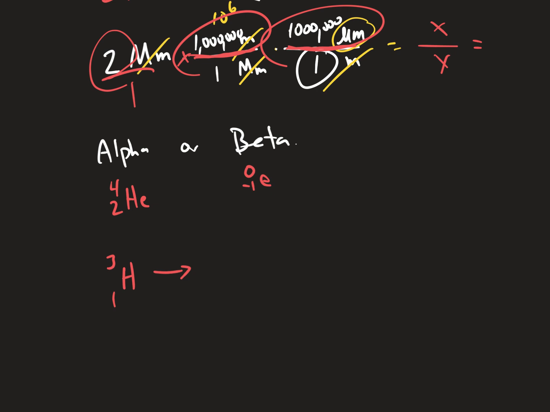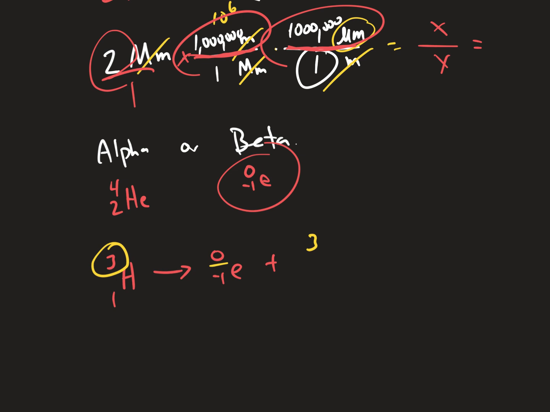So it undergoes beta decay. Decay means it comes off. It's one of the products, right? So beta is right here, 0, -1 e, and what are we left with? Helium. We start with 3, we get rid of 0, we end with 3, right? Or another way to do it is 0 plus 3 equals 3. You with me?